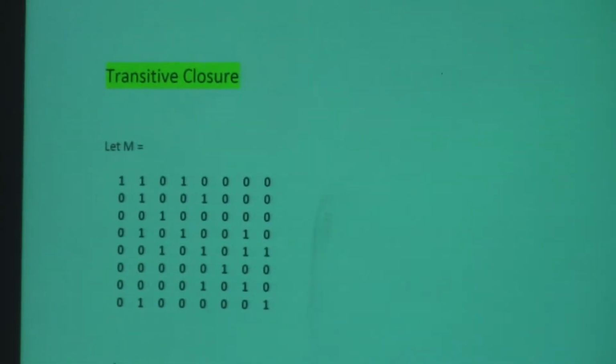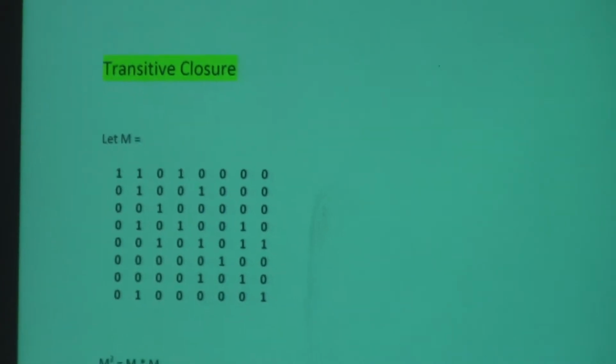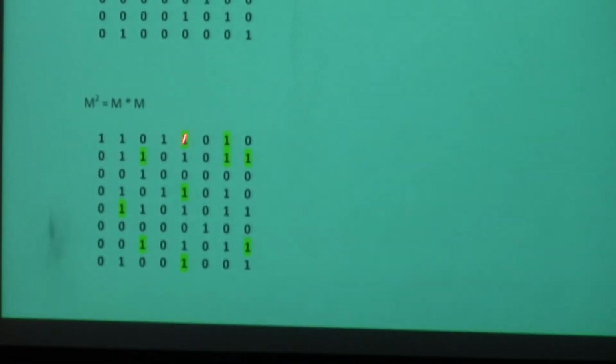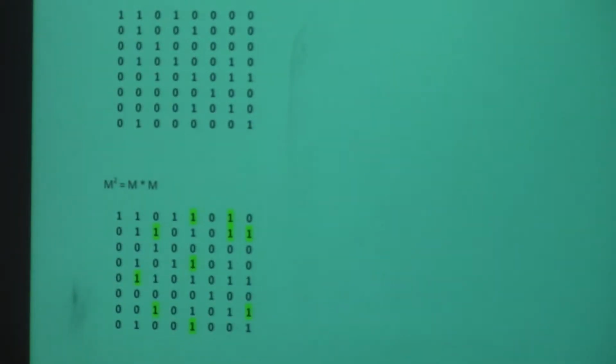Now, notice that the next element, we have a 0, 1, but this element has a 1. And this 1 is highlighted in yellow, which means it's special. This 1 corresponds to row 1, column 5. Notice that row 1, column 5 was a 0 in the original matrix, but it's turned to a 1 in the new matrix. Why?